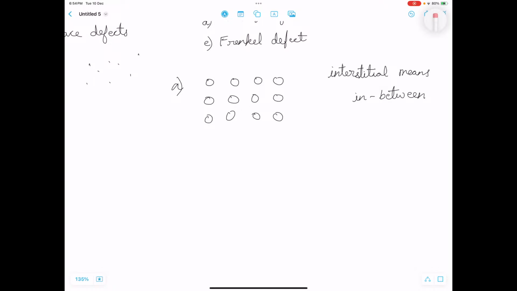Suppose this atom suddenly ceases to exist. It is replaced by another atom, which is this. It's a different atom. Even this atom is replaced by the new atom. This is being substituted.